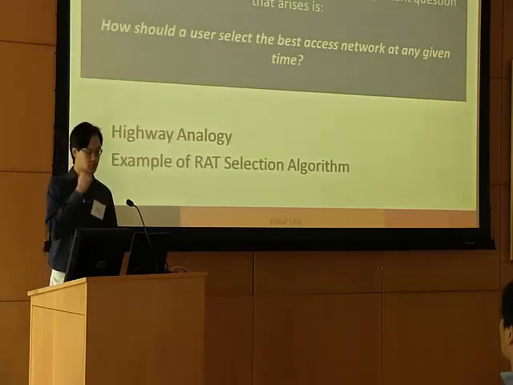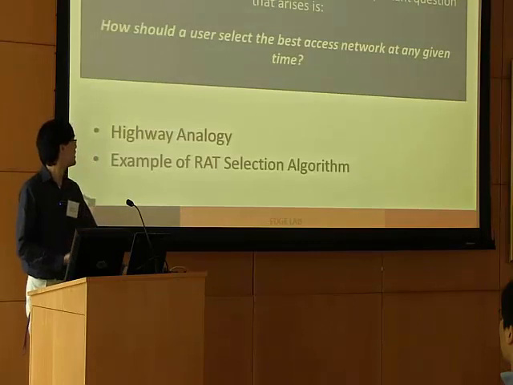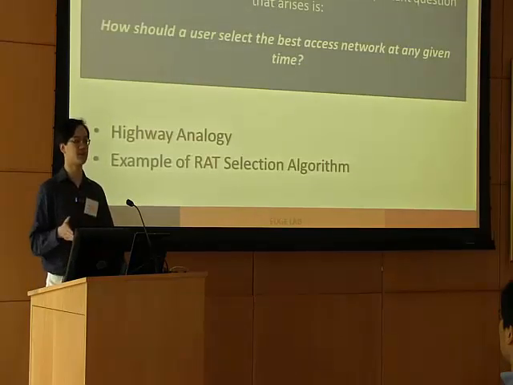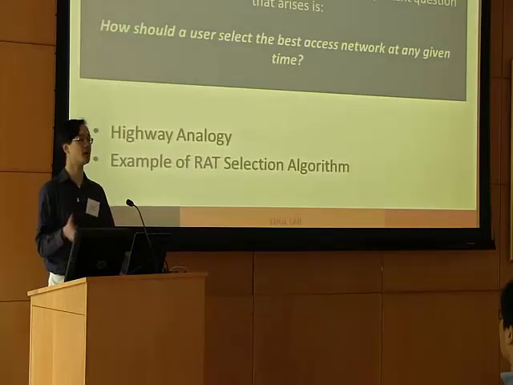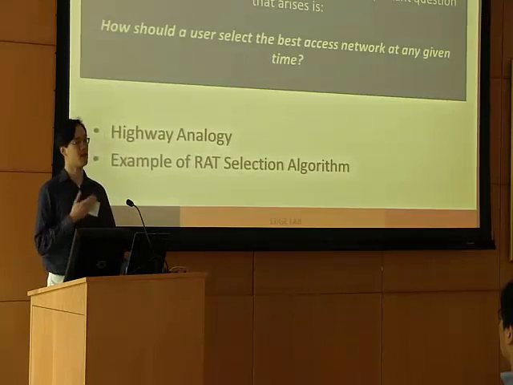For example, you can think of this using an analogy that we like to talk about called the highway analogy, where we view users switching RATs, or access networks, in order to gain a better throughput as cars on a highway trying to switch lanes to get a better speed.